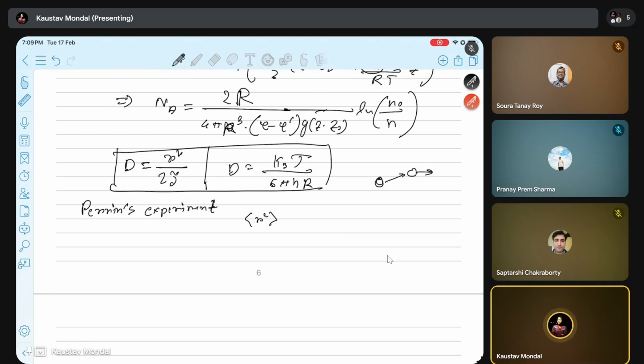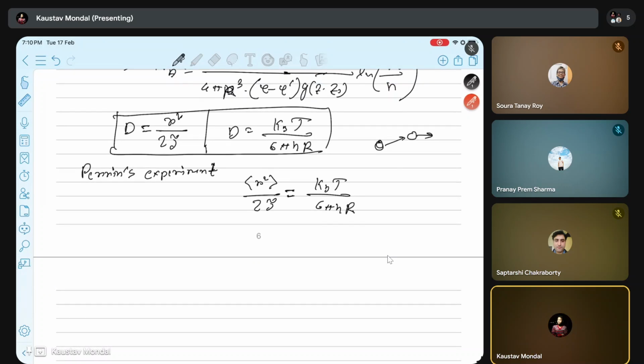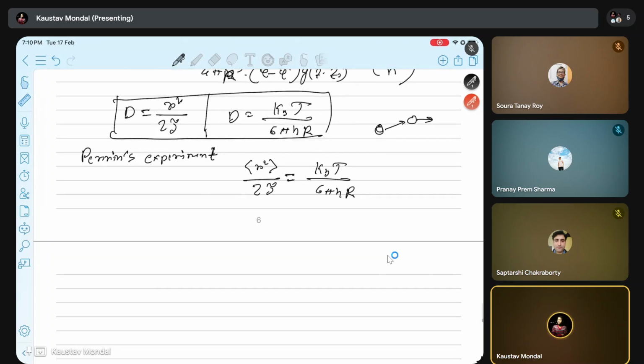From that you can equate that whole quantity with kBT by 6 pi eta r, and after doing that he determined the value of the Avogadro number. From here he calculated kB, and if you know kB, you can calculate Na, the Avogadro number.